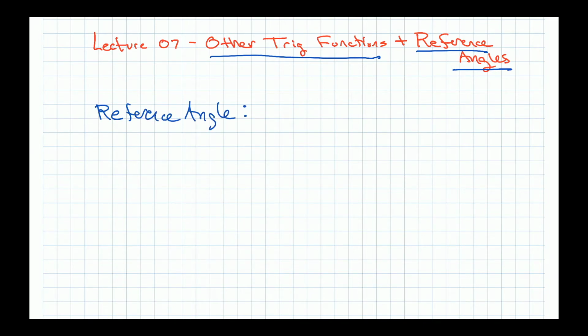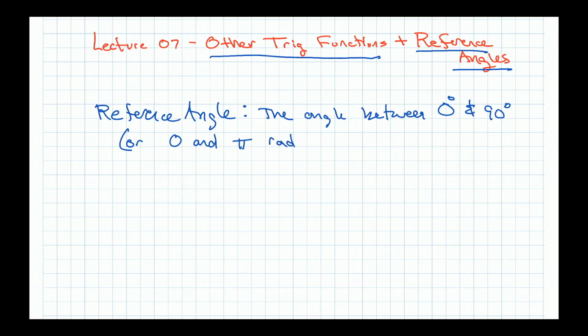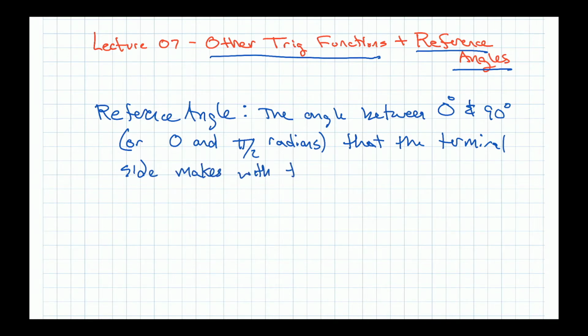It's the angle between 0 and 90 degrees, or if you're doing this in radians, between 0 and pi over 2 radians, that the terminal side of an angle makes with the x-axis.